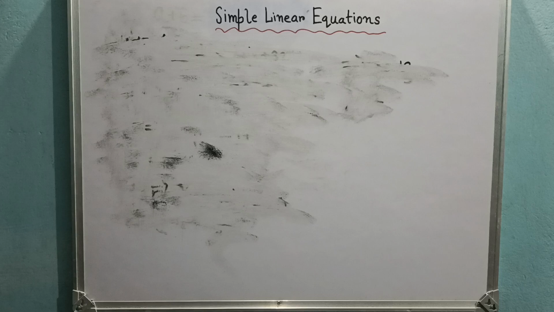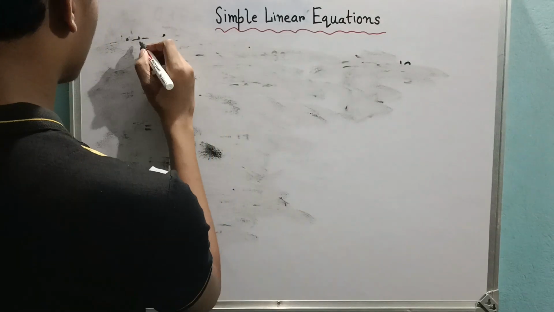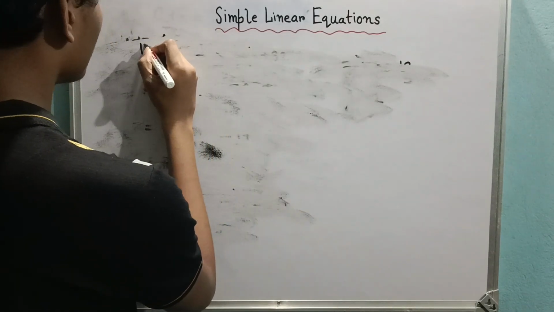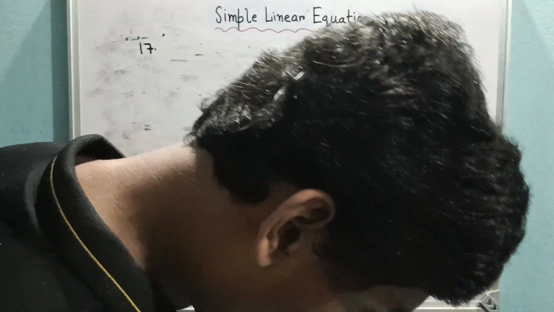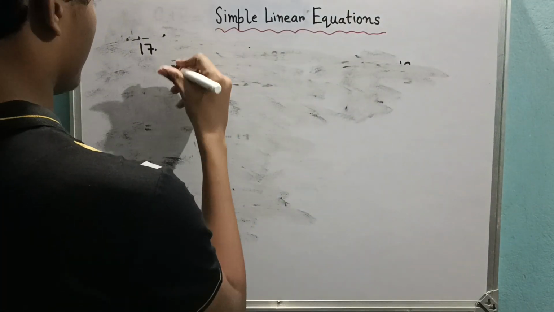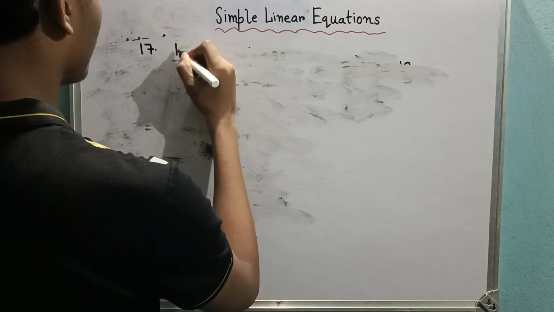So let's see. So what is it given? Now, number 70, 10% of x is equal to 20. Alright.